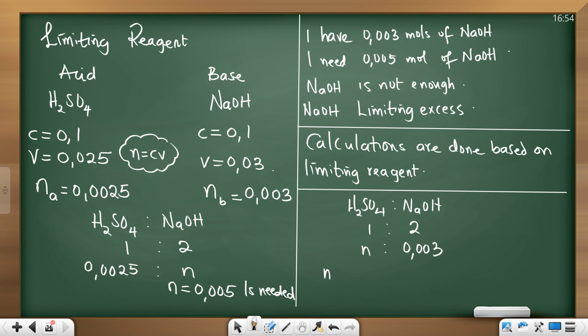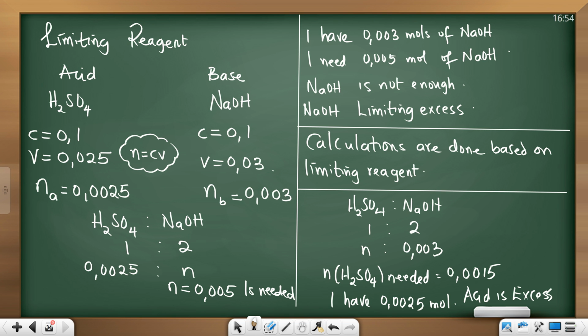So, number of moles of H2SO4 that is needed would be what? 0.0015, by dividing by 2. But what do I have? I have 0.00 what? So I have more. So I have more than I needed. So what happens? The acid is what?